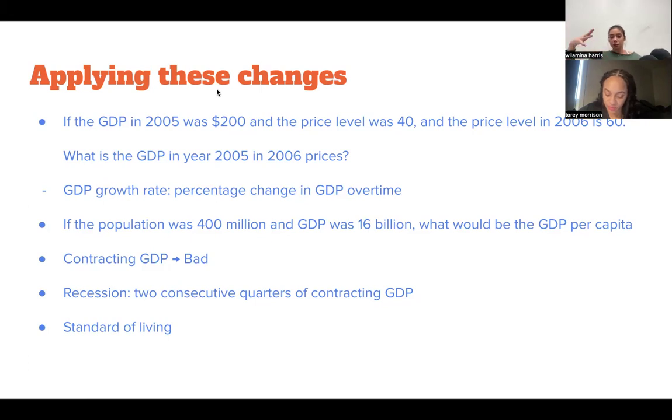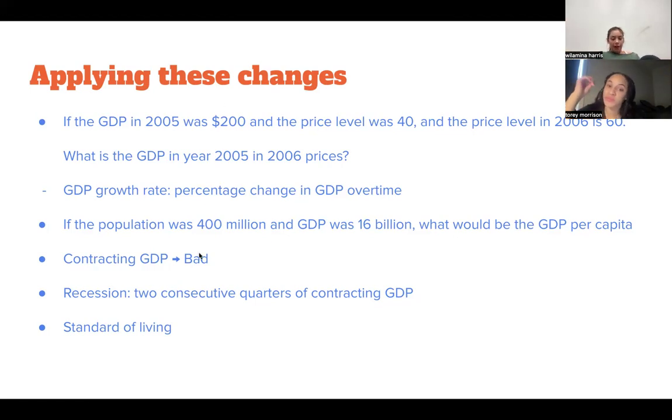So 200 plus 100 gives you 300. So 300 is your real GDP, and your nominal GDP is 200. The value in 2005 was $200 at a price level of 40. When the price level was 60 in 2006, that $200 corrected for inflation would be $300.